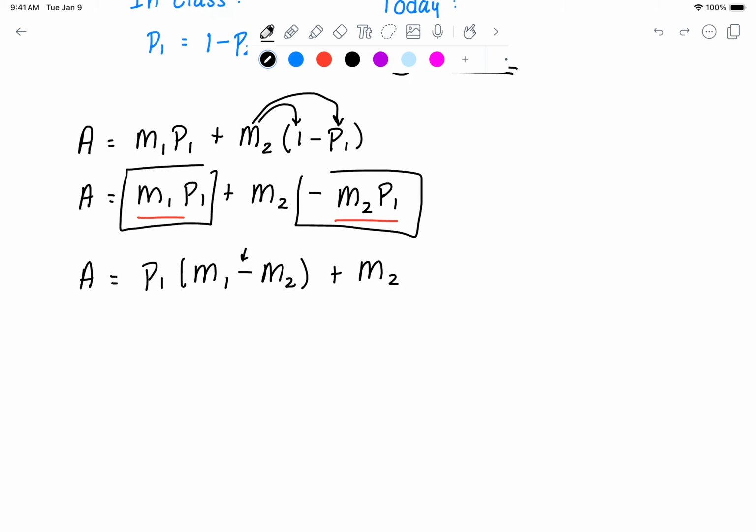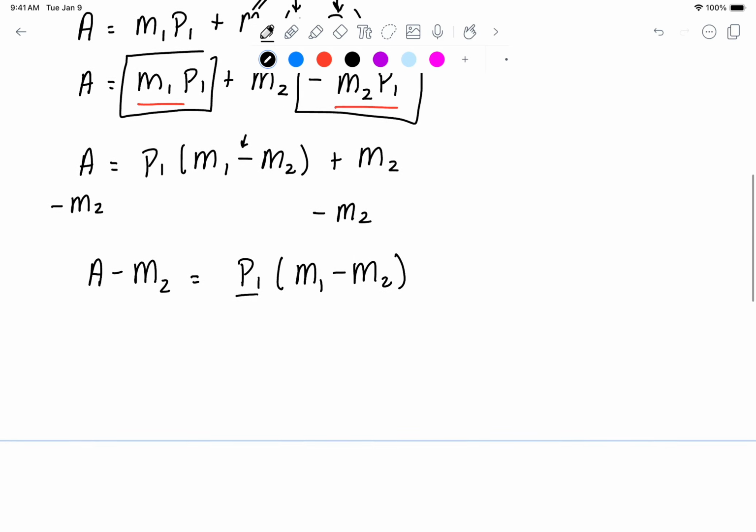Now I can subtract M2 from both sides, so I get A minus M2 is equal to P1 times M1 minus M2. I would now want to solve for P1. I want to isolate it on one side of my equal sign.